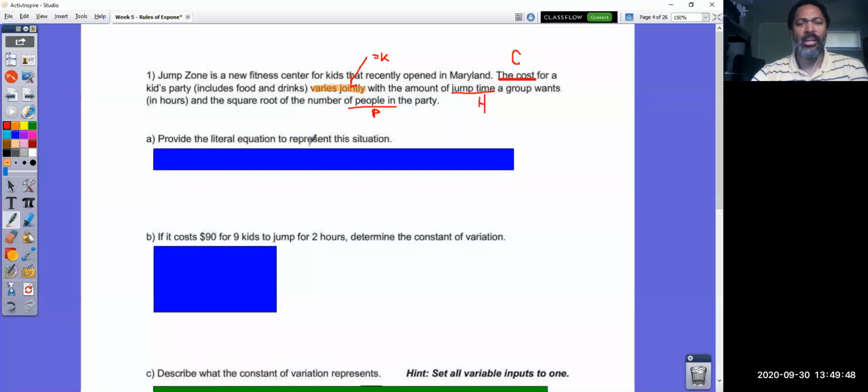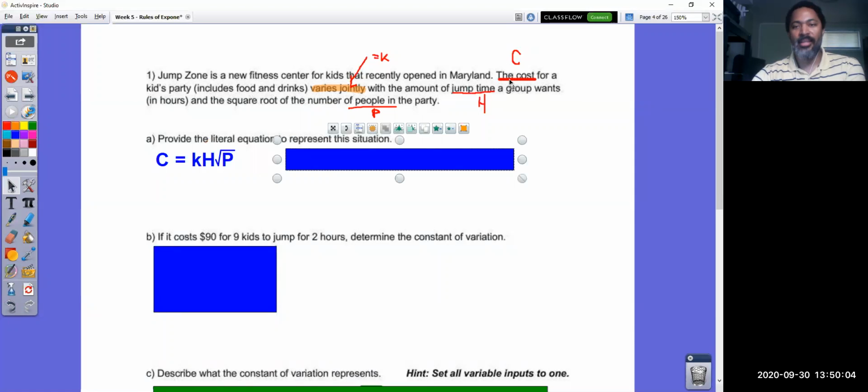Typically here you would write your equation and then fill in information to find the value of k. That's actually a later prompt. So here we want to write the equation with a k in it. So we get C equals k, h, and then it says square root of the number of people, so square root of p.